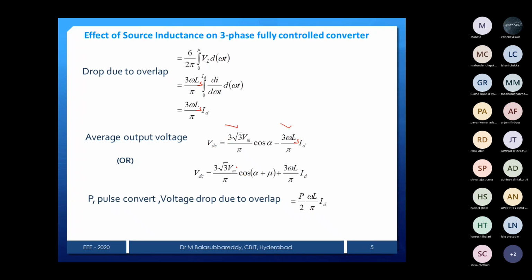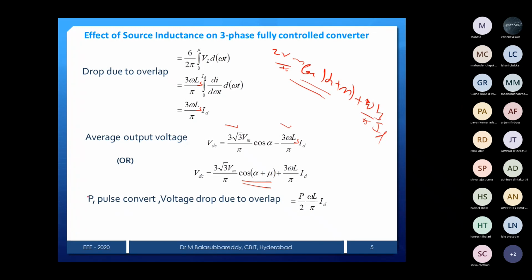And with the overlap period, same as in the single phase case, 2 Vm by pi into cos of alpha plus mu, plus omega Ls by pi into Id. In the same fashion, to find the overlap angle you can make use of cos of alpha plus mu, and instead of minus you will put a plus here.